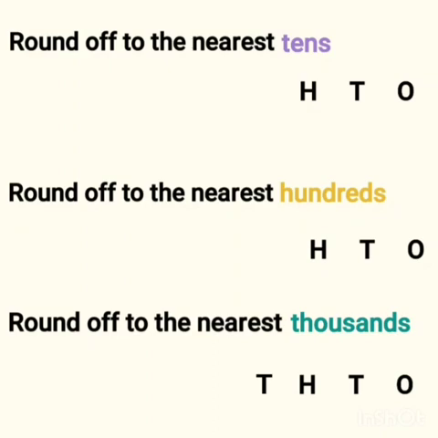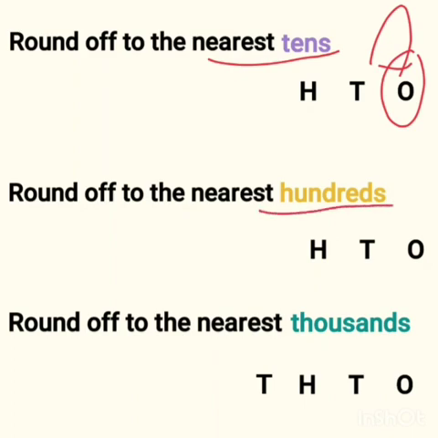So children, this is how we can round off any number to its nearest tens, hundreds and thousands. So remember, when we round off to the nearest tens, we look at the ones digit. So for tens, I look at the digit after that, that is the ones digit. Got it? And when we round off to the nearest hundred, we look at the tens digit, right?